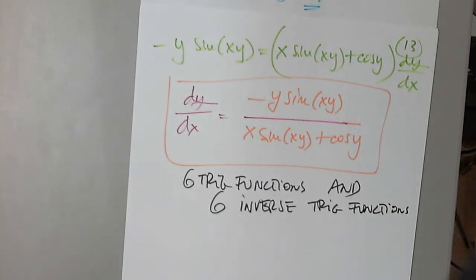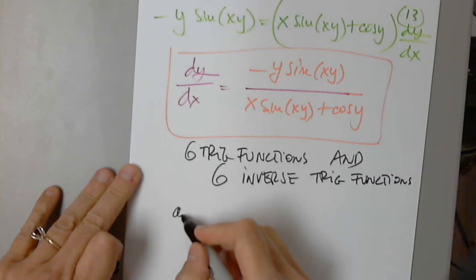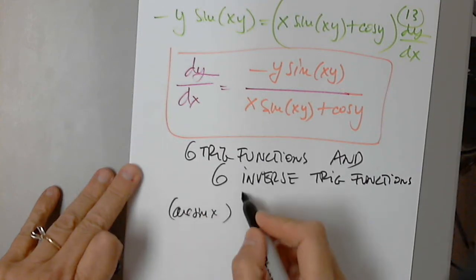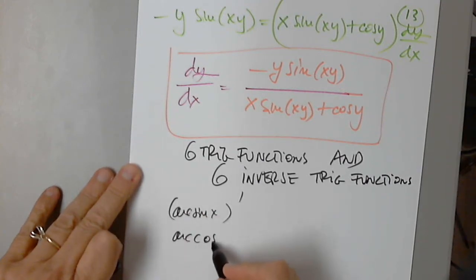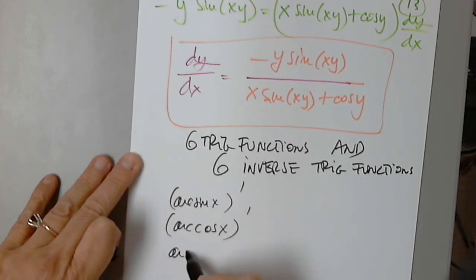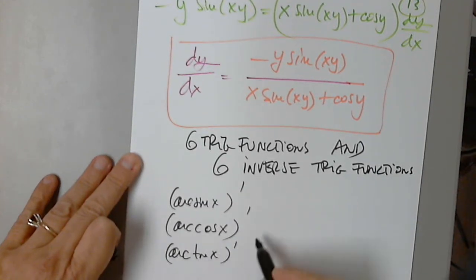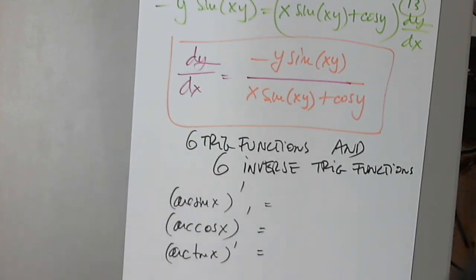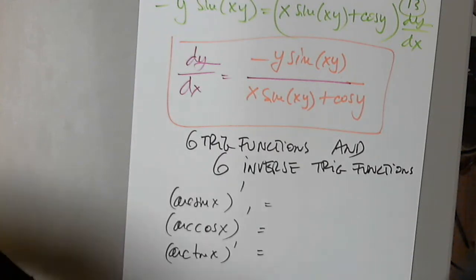So I would like us to remember arc sine prime, arc cosine prime, and arc tangent prime. Of course, there exist arc cotangent, arc cosecant, and arc secant. I only want these 3 because they are the most useful ones and widely used.